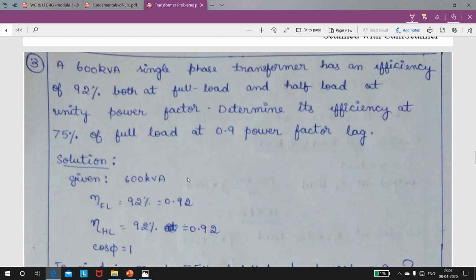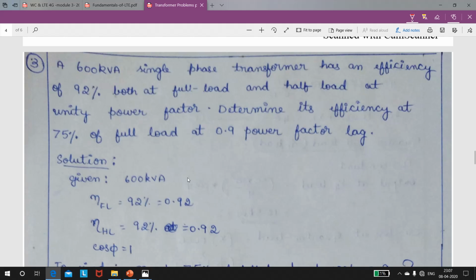Next, problem 3. A 600 kVA single phase transformer has an efficiency of 92% both at full load and half load at unity power factor. Determine its efficiency at 75% of the full load at 0.9 power factor lag.